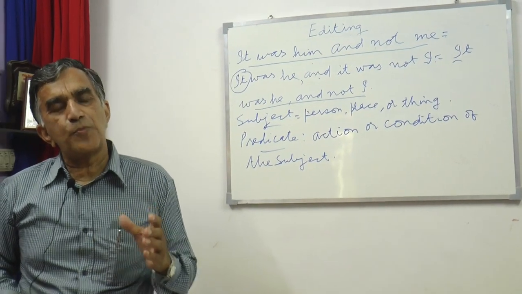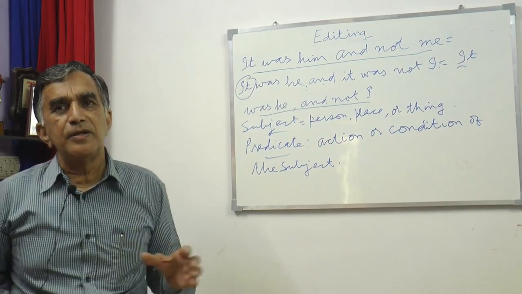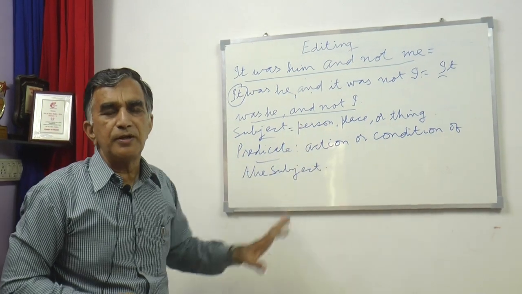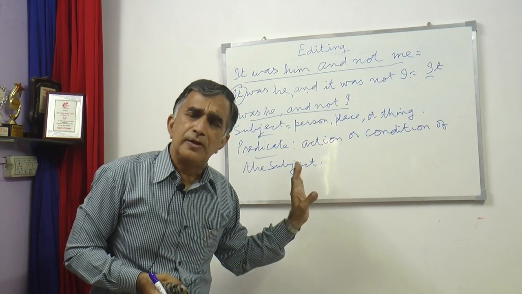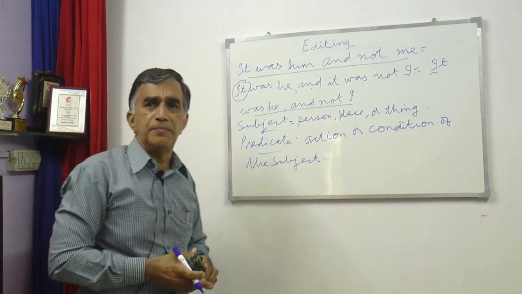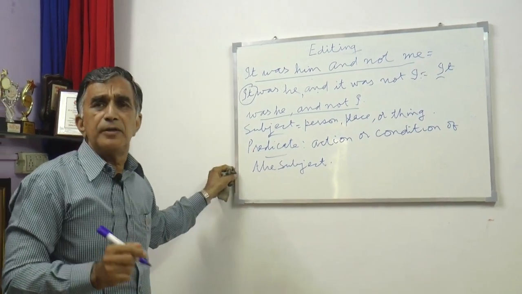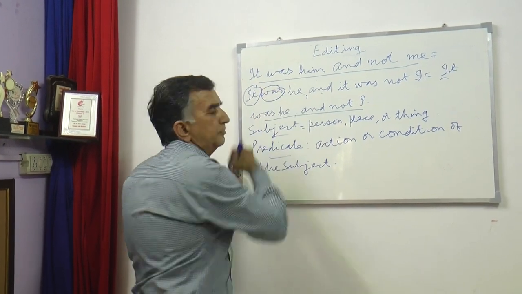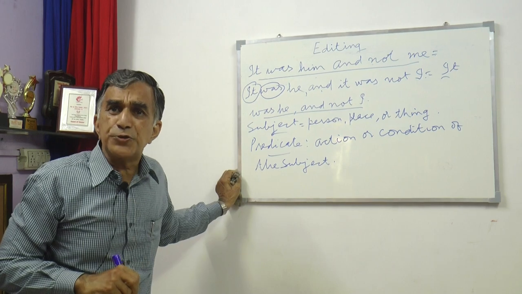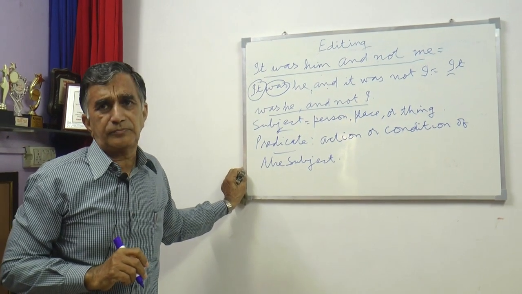A sentence has two parts, subject and predicate. Subject is a person, place or thing, and predicate is action or condition of that person, place or thing. Here we have the condition of the subject. It was. Was denotes the condition.